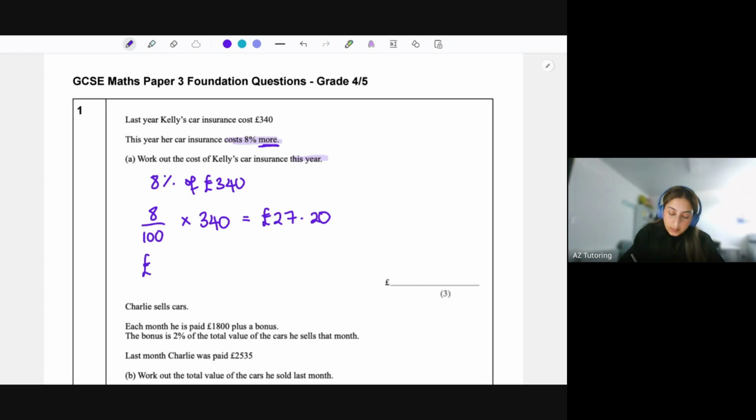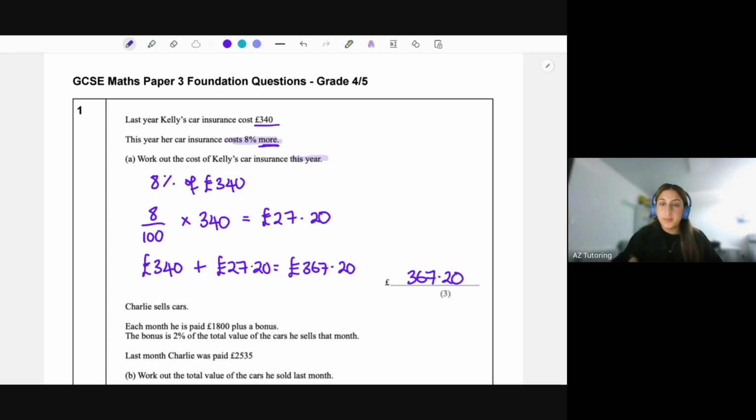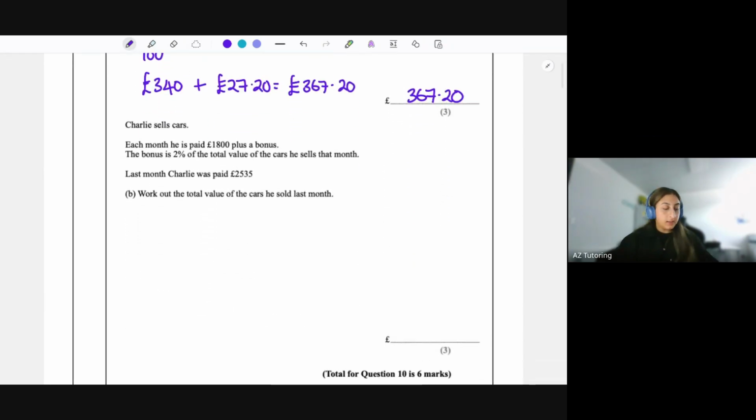So my starting amount, last year's amount, which is £340, plus my increase, which is £27.20. If I add that on, that gives me £367.20. So insurance cost this year will be £367.20.